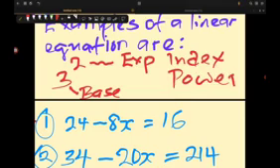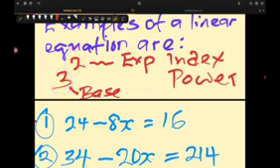So I can say this 3 is raised to the power of 2, or 3 index 2, or 3 exponent 2. So that is what an exponent means.